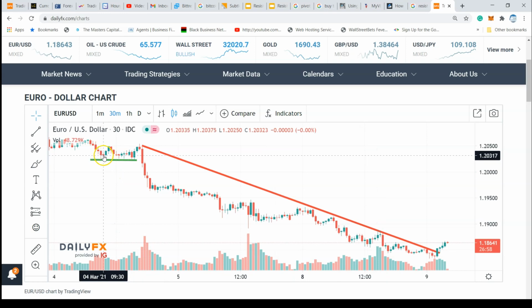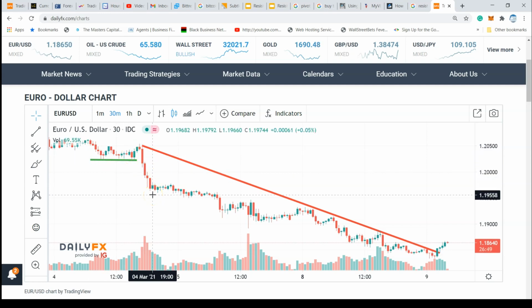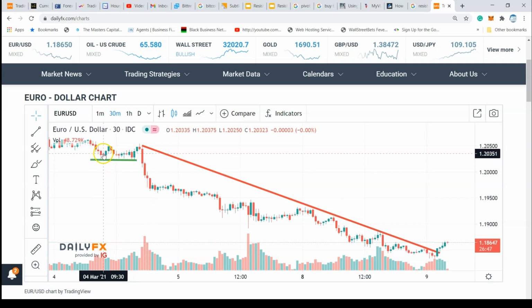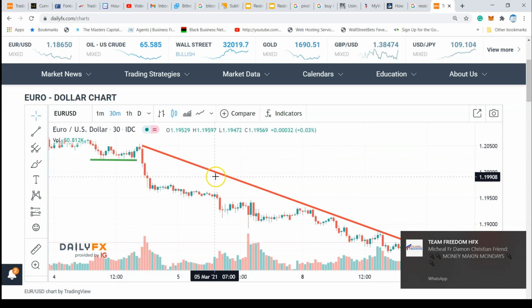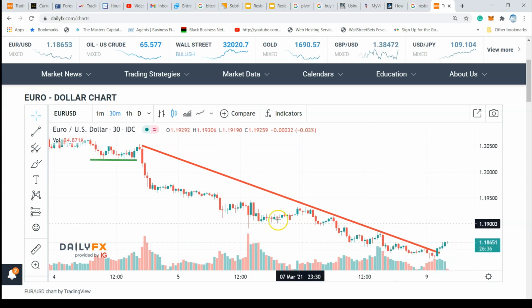It's going to shoot back up. Do you see how it hits this line and goes back up, right? And then right here, it breaks through. So we're talking about trading the bounce right here. You can trade this bounce every time. Bounce, bounce, bounce, bounce. Right here, you could be in a trade for a long time because it keeps on going down. So you could have caught it anywhere around here and you would have been good.